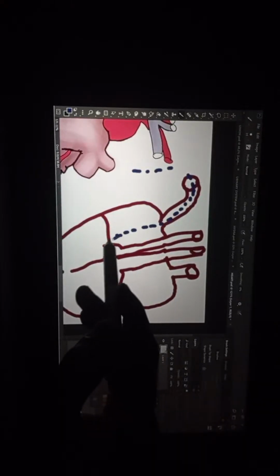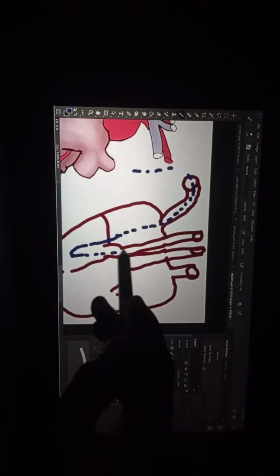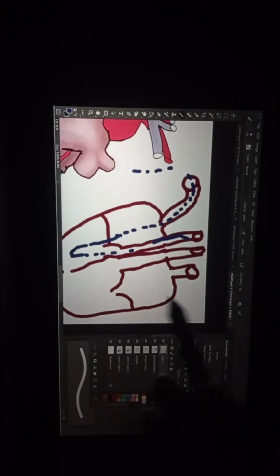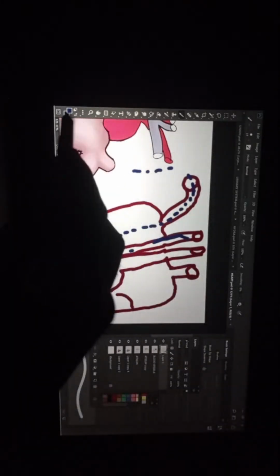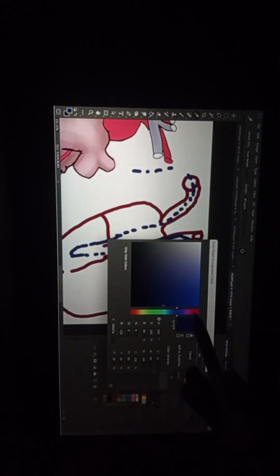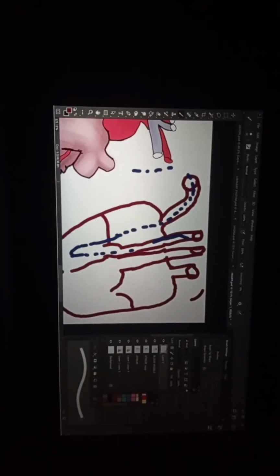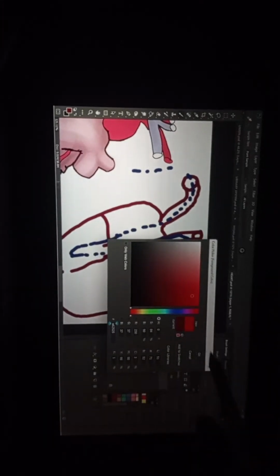When blood enters here, it will be pumped by a ventricle through this vessel to the lungs for oxygenation. After the blood is oxygenated, it will come back through this pipe.